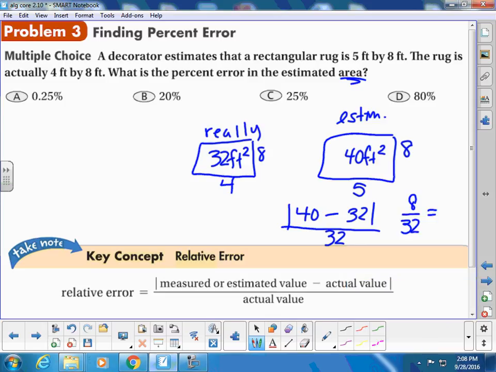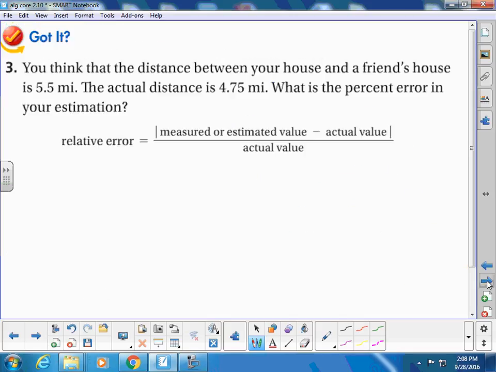And this is 1/4, which is 0.25. So the relative error is 25%. If you look, it would be 25%, so C. You go ahead and try this one. We'll check it when we check notes.